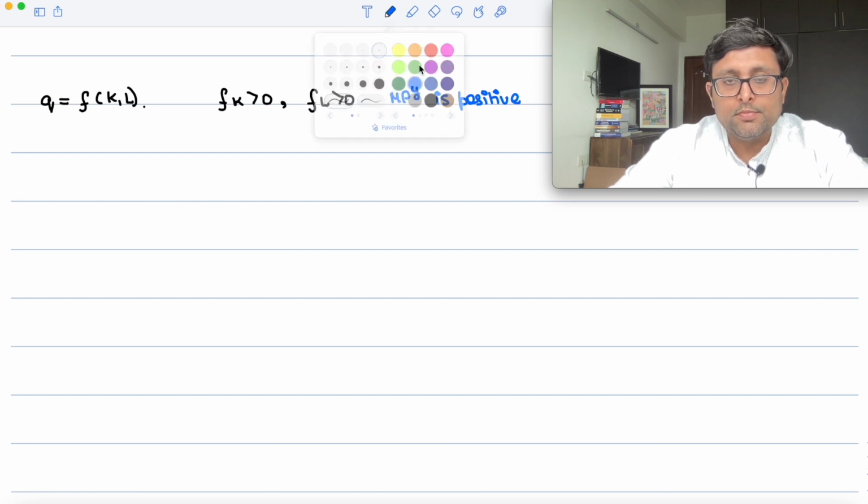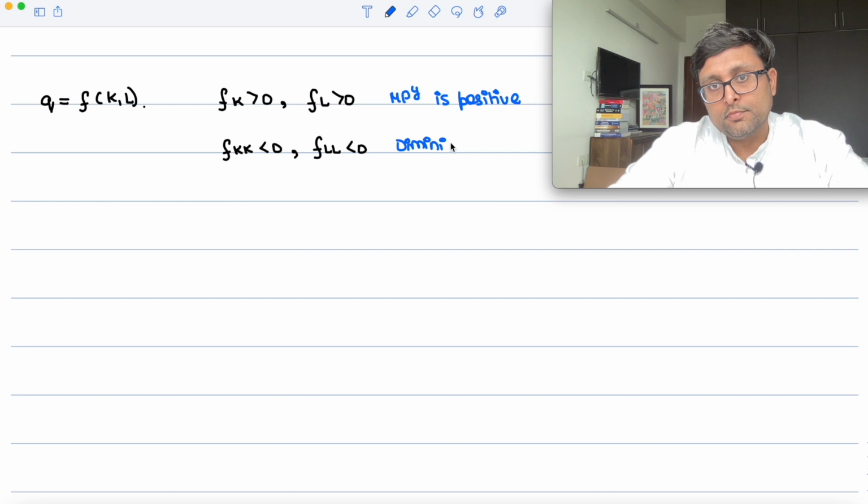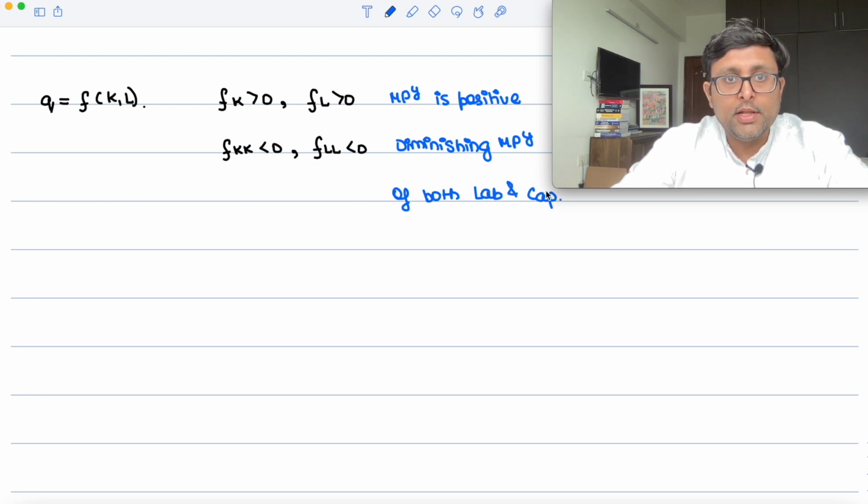While f_KK is less than 0, f_LL is also less than 0. What does this signify? That marginal productivity is diminishing for both labor and capital. Diminishing marginal productivity of both labor and capital.